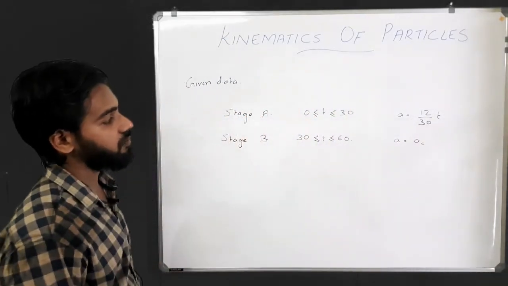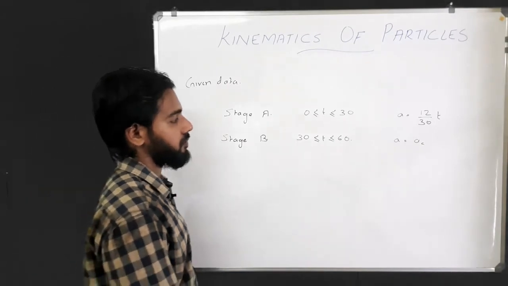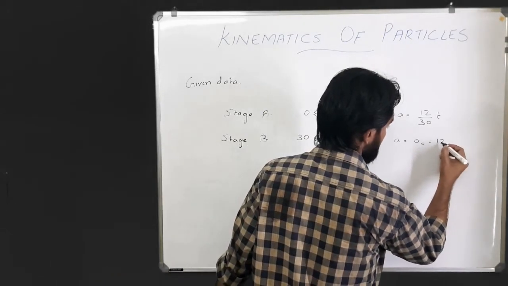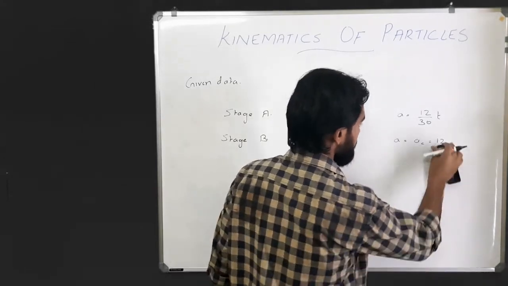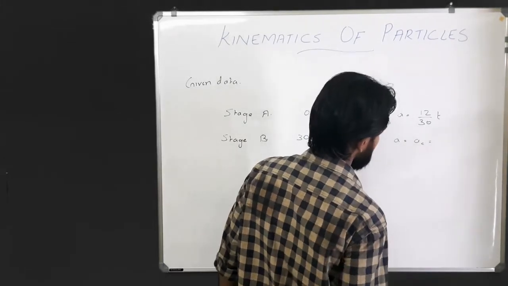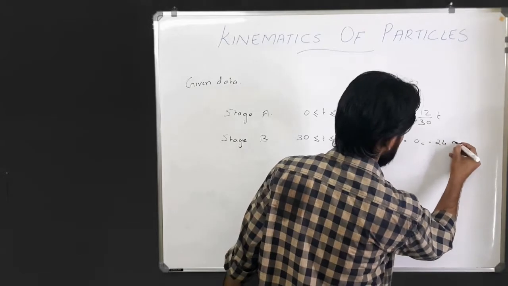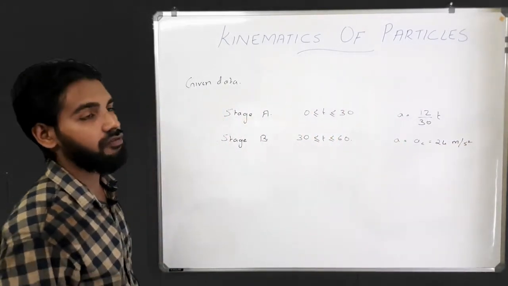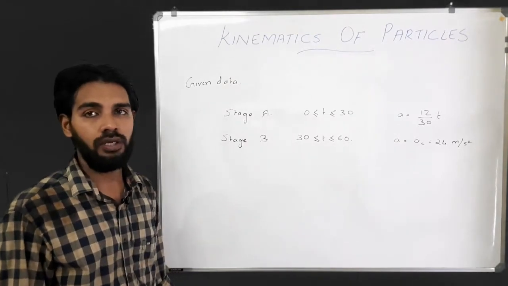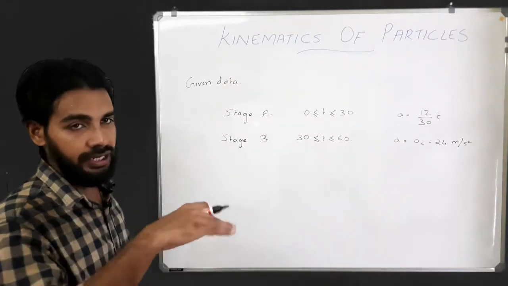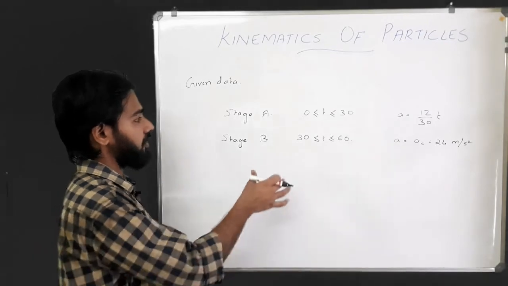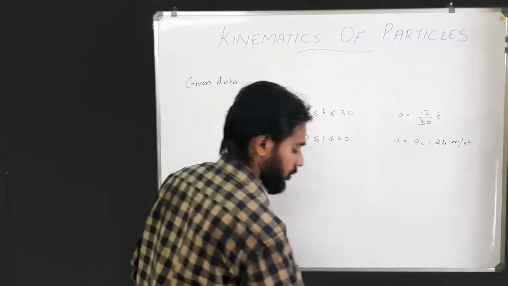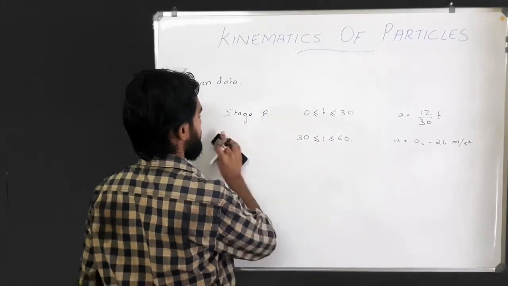This is the corresponding equation. In the second stage, the acceleration is constant at 24 meters per second squared. So we will have to obtain the plots separately for stage A and stage B. Now, let us plot each of these.